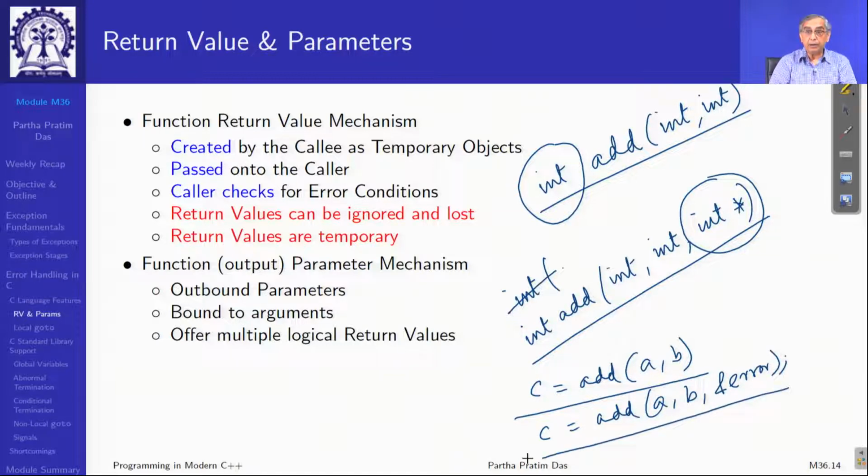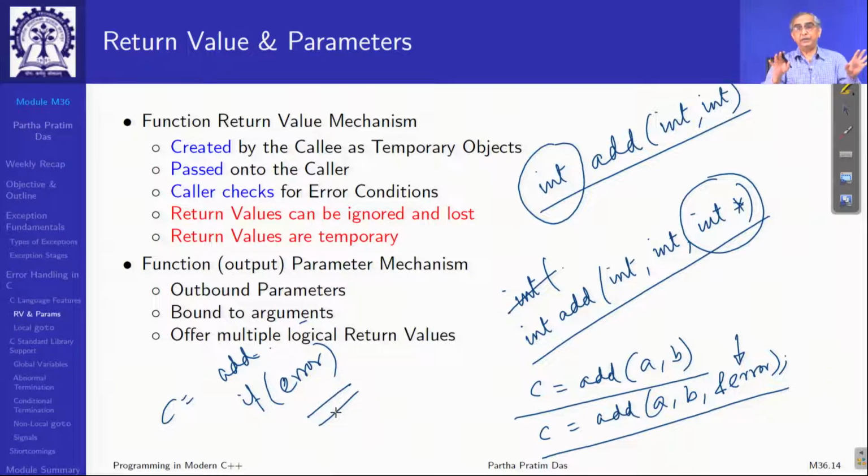Even that does not work, because you are not able to check this error. So, if you have to check that, you have to first do c = add and all this, then you have to check the error that has come up, and take actions. It is a big mess.